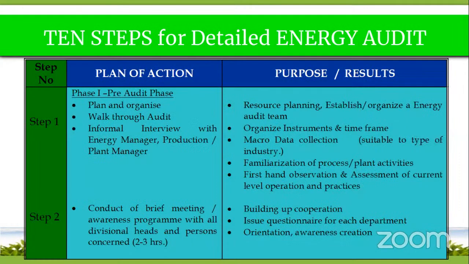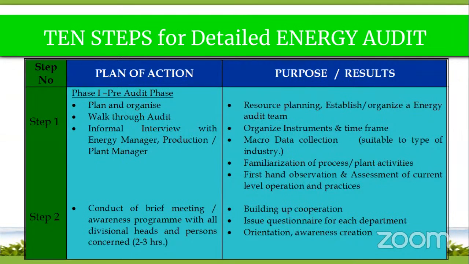Okay, so 10 steps for detailed energy audit. The plan of action, the purpose and the results have been posted. Step 1, plan and organize. That is the pre-audit phase. We need to plan and organize, walk through the audit, informal interview with the energy manager, production and plant manager. So all these people need to sit together and come up with a plan. What is the purpose and the end result?